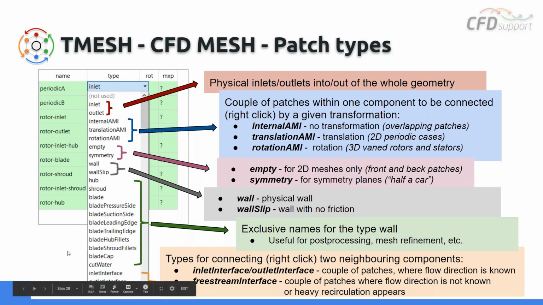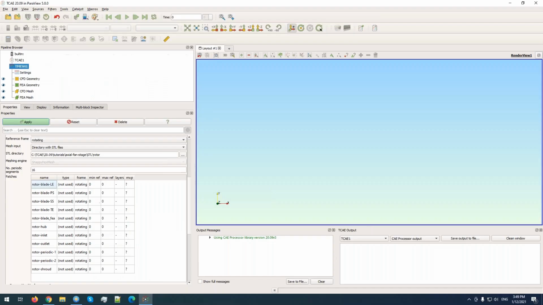The last group is inlet, outlet, and free stream interfaces, used for defining the inlet and outlet of components which neighbor another component. These define the interfaces between the components. If we know the direction of the flow, then we have an inlet or outlet interface. If the flow direction is not known, for example a closed propeller in a cylinder, then we have a free stream interface. So these are the types of patches.